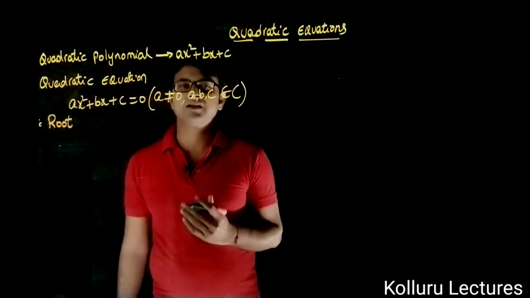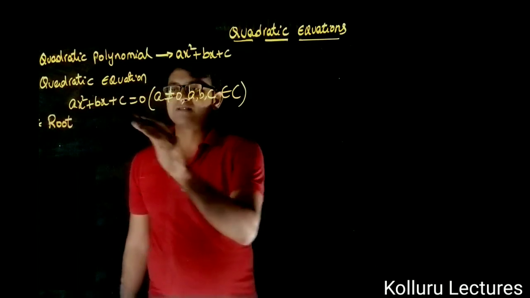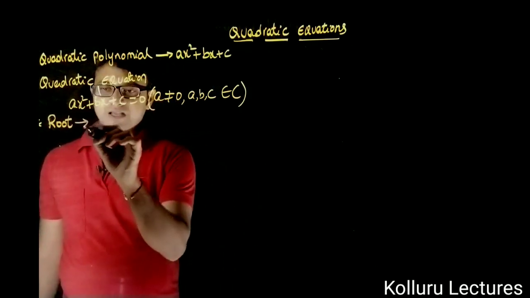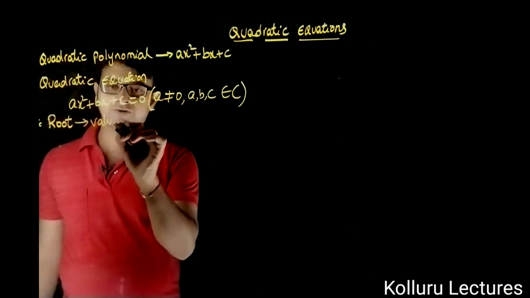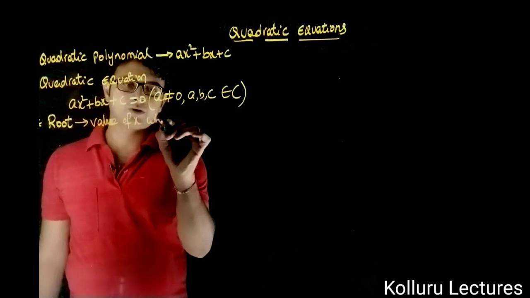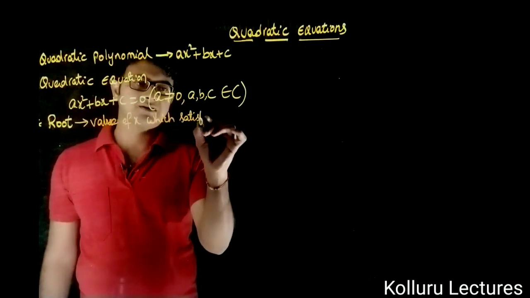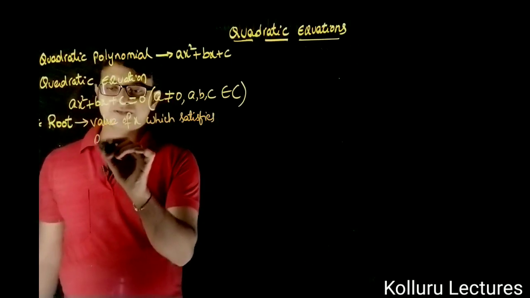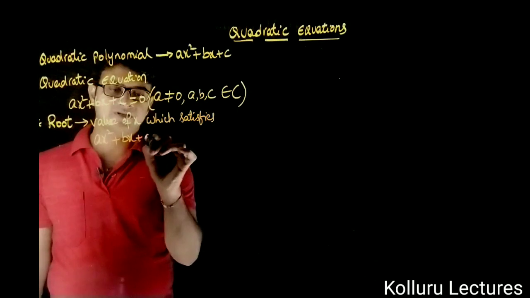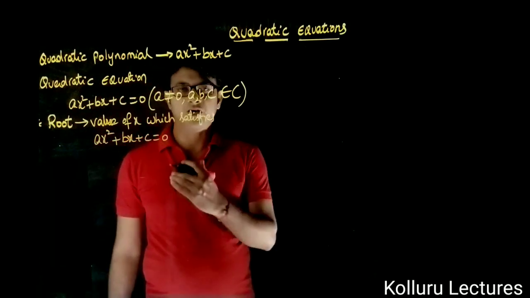Root means the value of the variable x which satisfies ax square plus bx plus c is equal to 0.